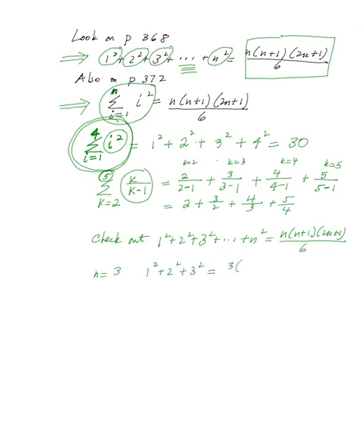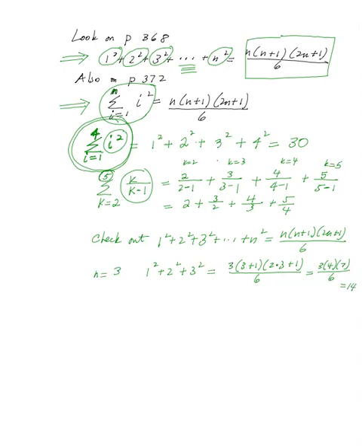This formula says that's 3 times 3 plus 1 times 2 times 3 plus 1 all over 6, which is 3 times 4 times 7 over 6, which is 14.